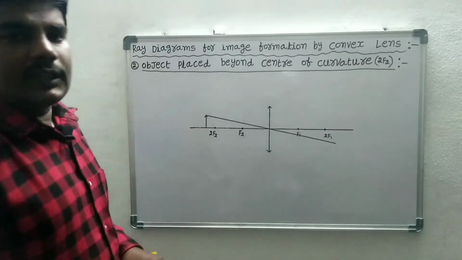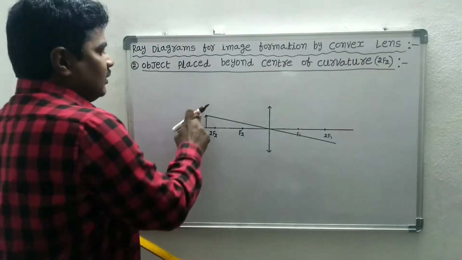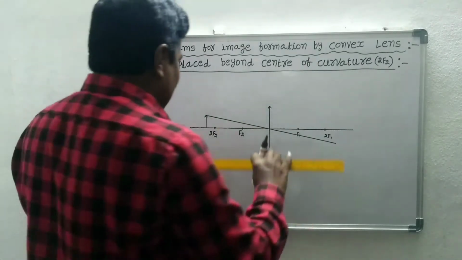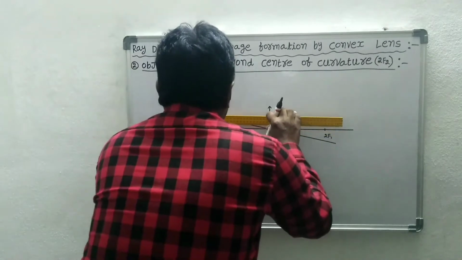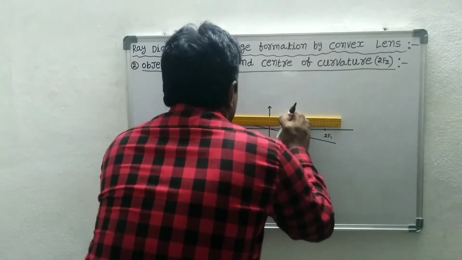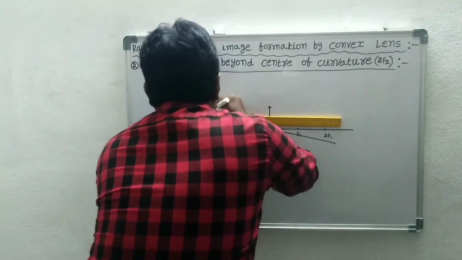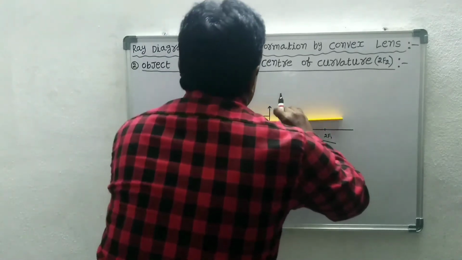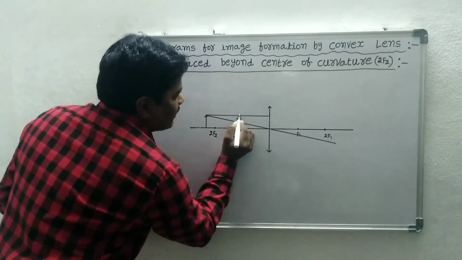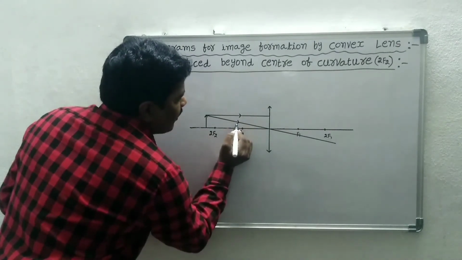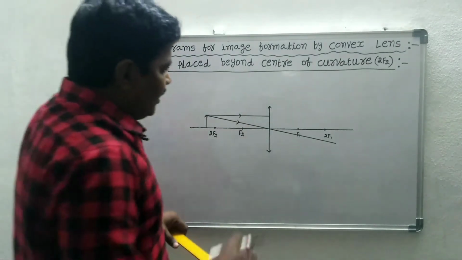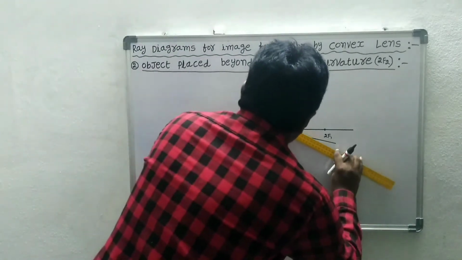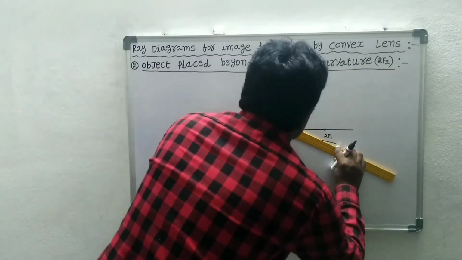The second light ray is the light ray passing parallel to the principal axis, like this. Okay, the parallel light rays are deviated and pass through the principal focus, like this.